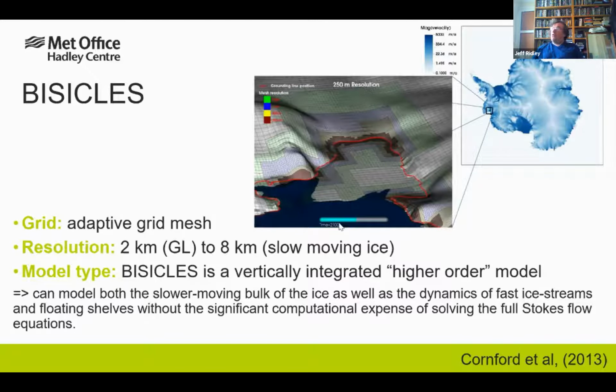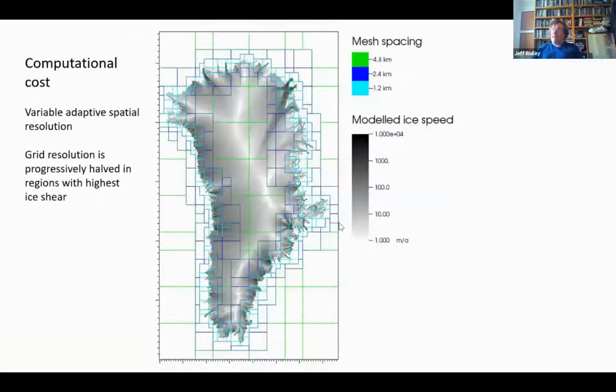This isn't a full stress model. It's what's called a 1.5 dimension model, in that it doesn't have vertical shear. It integrates up the vertical shear, and that cuts down the cost.